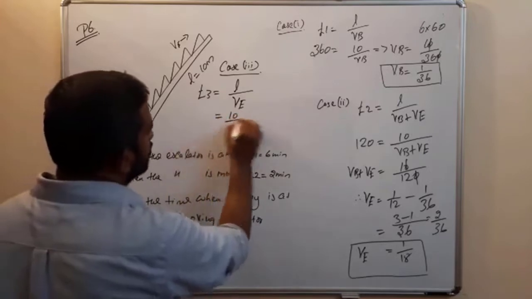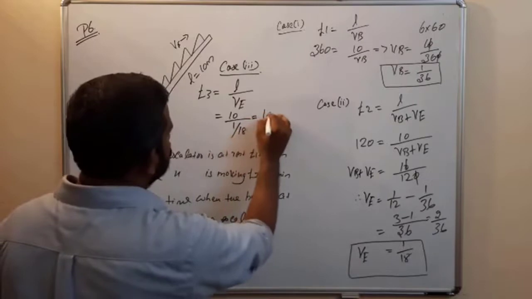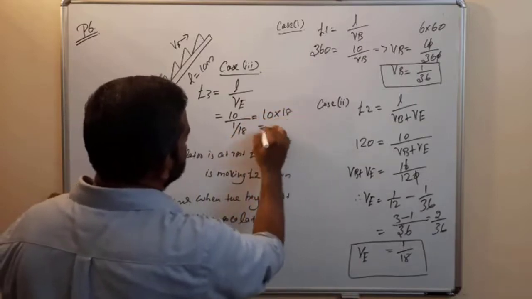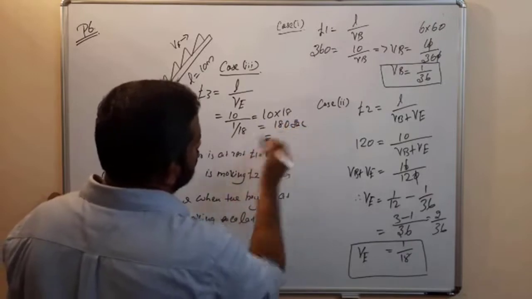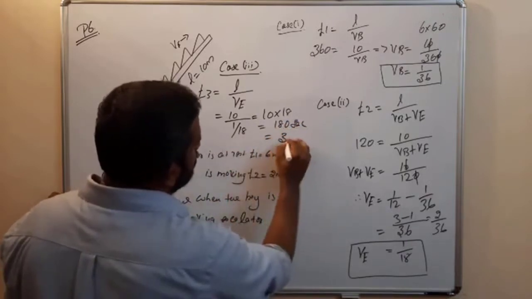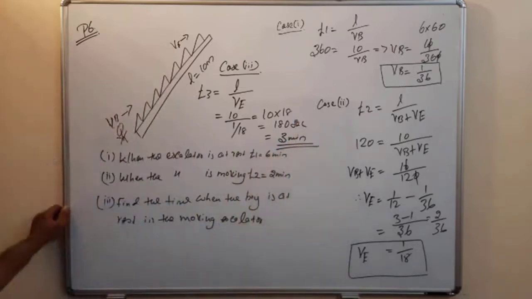That's equal to 10 divided by 1 by 18, that's equal to 10 into 18, that's equal to 180 seconds or 3 minutes. That is the answer.